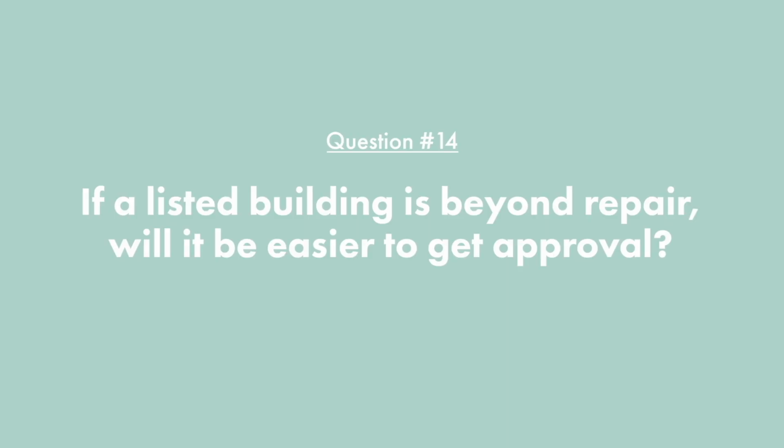And when it comes to listed buildings and planning permissions, if a building is really seriously beyond repair, is that one way perhaps that you can get what you want out of it? Yes and no, because if you were to refurbish the building and bring it back to life essentially, they will make you do it how it originally was. Which means that you may have to have the original trades that would do lead-lined drainage pipes, lead-lined guttering.